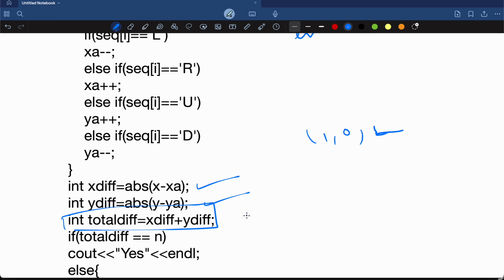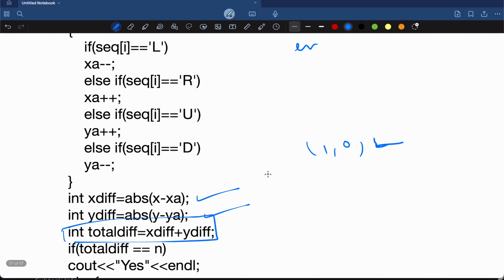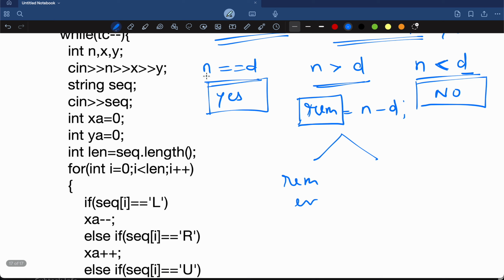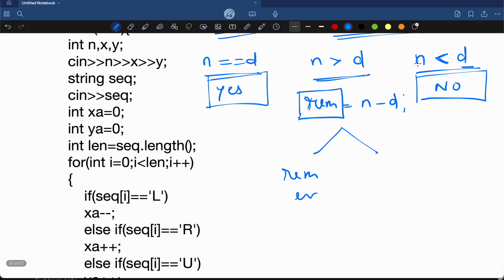Now I have told you this is the condition when I am saying yes, the same condition when n is equal to d. In the other option, in the else condition, I will check if n is less than d, then I straight away print no. And in that else, if these 2 conditions are not true, then the remaining case will hold.